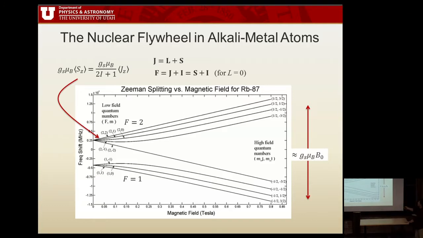L is 0, so now if I define F as the total, where F is J plus I, and I is the spin angular momentum of the nucleus, then I'm left with S plus I for L equals 0. And this is showing you the Zeeman splitting versus magnetic field for rubidium-87. There's 2 manifolds, F equals 2, 3/2 plus 1/2, and F equals 1, 3/2 minus 1/2. And you can see the whole thing here.